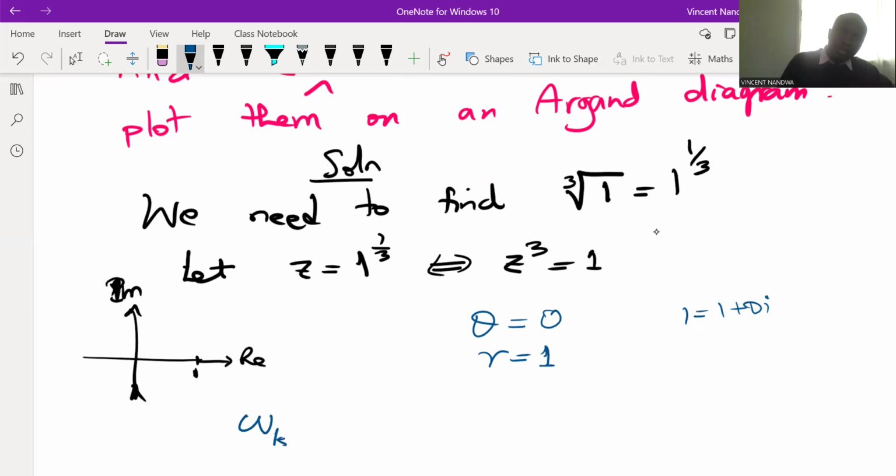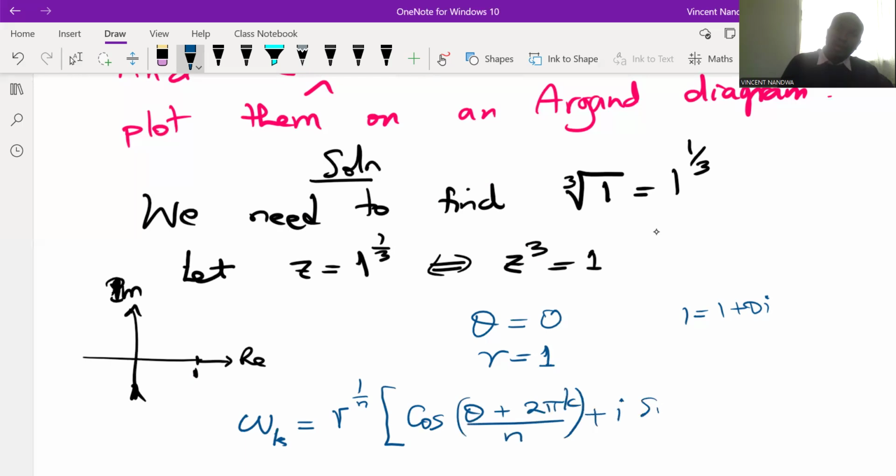the roots, which you abbreviate by w sub k or even z sub k, are given by r power 1 over n times cosine of theta plus 2 pi k over n, plus i sine of theta plus 2 pi k over n.